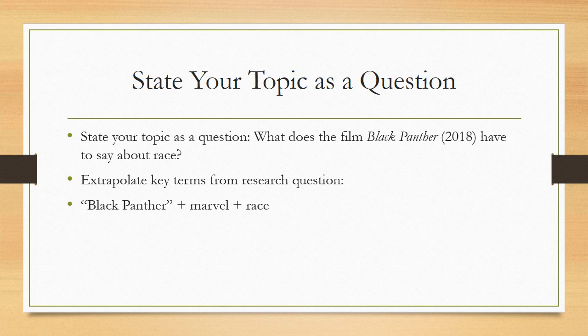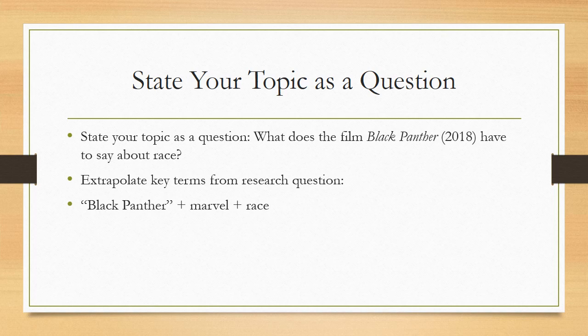If I typed my whole question, what does Black Panther have to say about race, into a search engine, and put quotes around it, it would only find results for that whole sentence, which means I'd probably get 0 or very few results. If I didn't put quotation marks around it, it would get billions of results because it would search for any piece of information, any article or website that has any of those words in it. So the quotations limit the search to the combination of words inside the quotation marks.